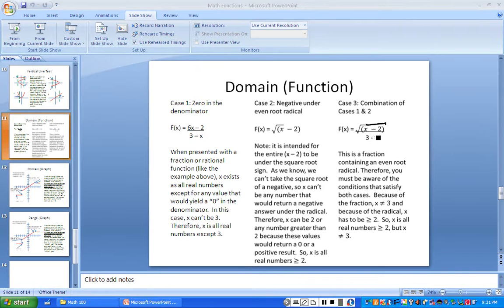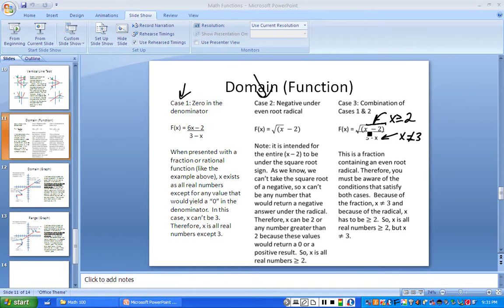For the bottom we don't want a 0, so x can't be 3, because if x is 3 we get a 0 in the denominator. That's case 1. And we have the square root in the top, so for case 2 we're worrying about a negative. So for the top, x has to be 2 or greater.